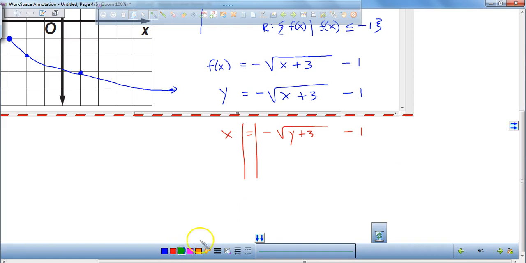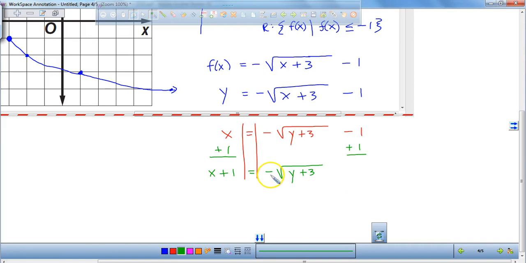So how would I solve for y? Remember, what I'm doing here is finding the inverse of this function. I'm going to add a 1 to this side. I'm going to add a 1 to this side. I can't combine those. They're not like terms. So I leave it as x plus 1 equals negative square root of y plus 1.